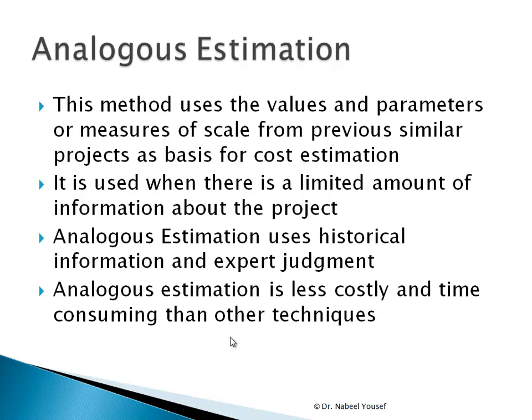We don't have enough information to estimate the cost, so most likely I will look at similar projects or similar activities that have been done before by the company or the organization, and can give a rough magnitude estimate for the cost of each activity. It can use historical data in addition to the expert judgment.